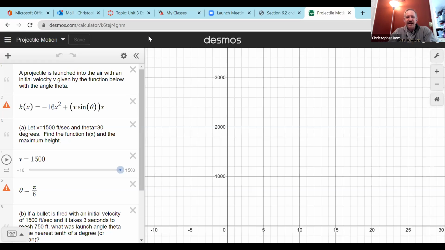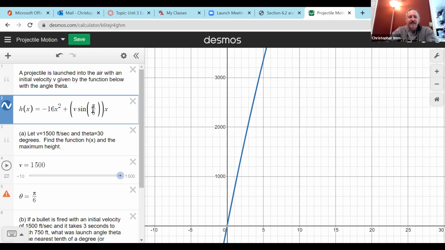We want to find the function h of x and the maximum height of that object. So I plug in 1500 for v, and pi over 6 for theta.